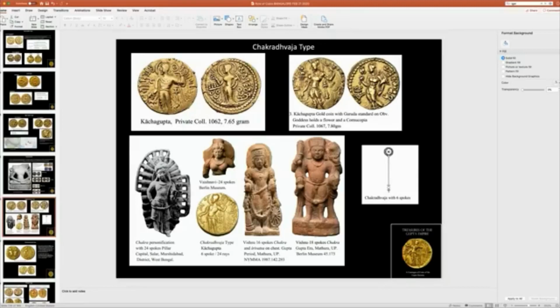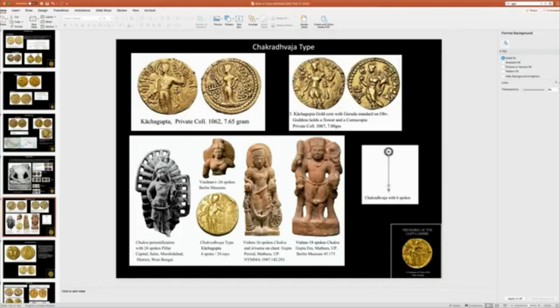And the assumption here is this king was issuing the chakra dhwaj coin prior to taking the Gupta throne. And then once he took the Gupta throne, the royal mint, because this is a royal mint style, issued the coin with the Garud dhwaj on it, signifying that he is now in full control of the Gupta Empire.